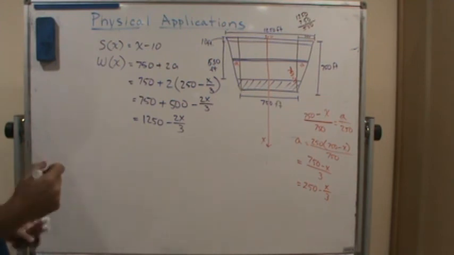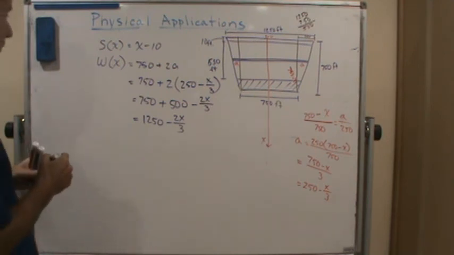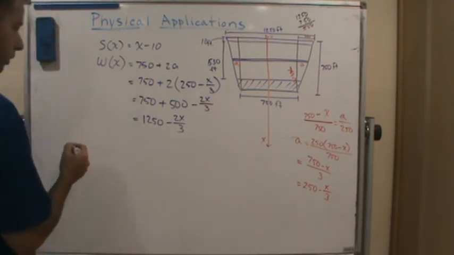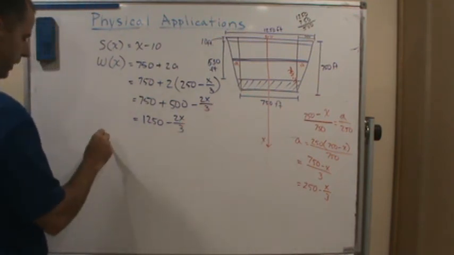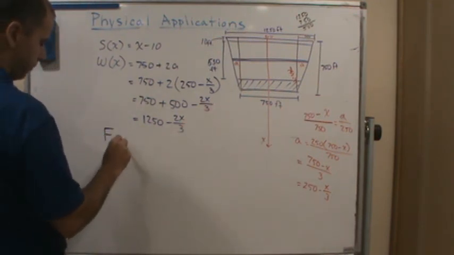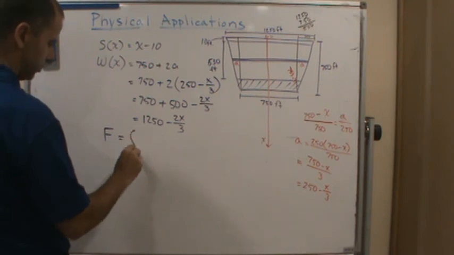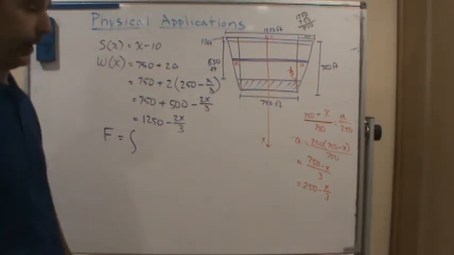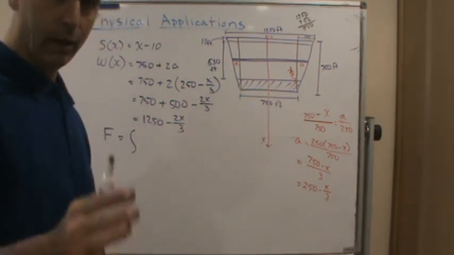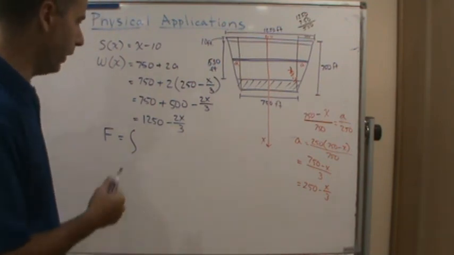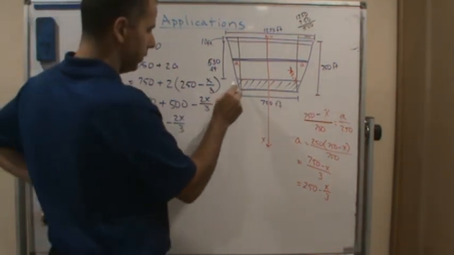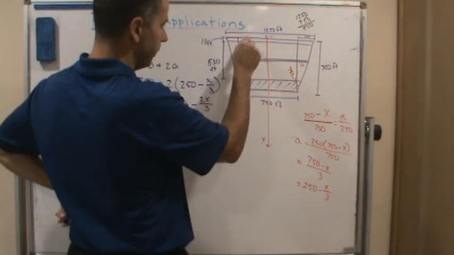Okay, so now we're ready to put this all together. It's in feet, so we know that our force is going to be equal to the integral. Now here's another thing. What are the limits of our integration? Well, the water doesn't go from here to the top.